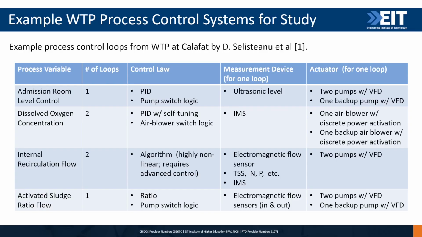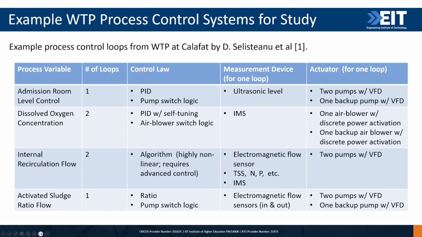So this is just a general showcase of the wastewater treatment plant at Califat by D. Selitz Anu. I definitely pronounced that wrong. But this is just what I'll be using as a basis for figuring out frame data and payloads.